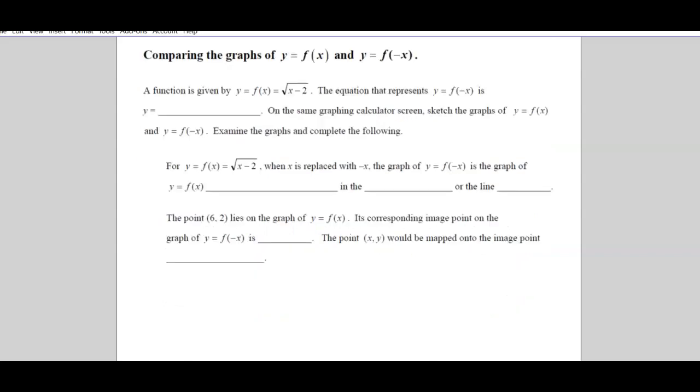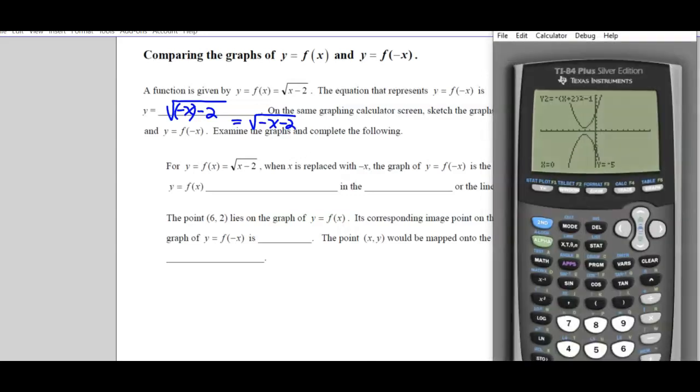Next one, now we're looking at a radical function. So now when we replace x with negative x, we're going to get negative x minus 2. You can put brackets around that. Always when you're replacing, you're substituting. In this case, it doesn't change anything. It's still going to be negative x minus 2.